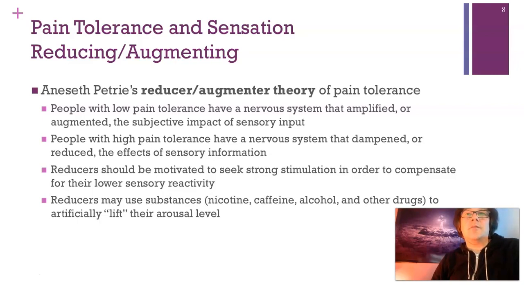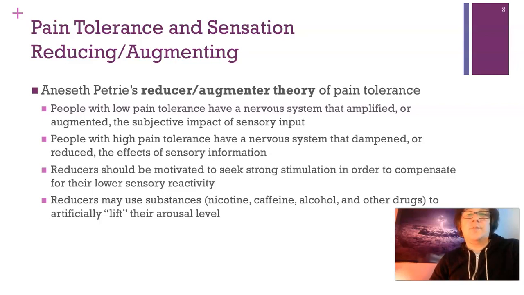So, for these reasons, her theory came to be called the reducer augmenter theory, and it refers to the dimension along which people differ in terms of their reaction to not just pain, but all sensory stimuli.